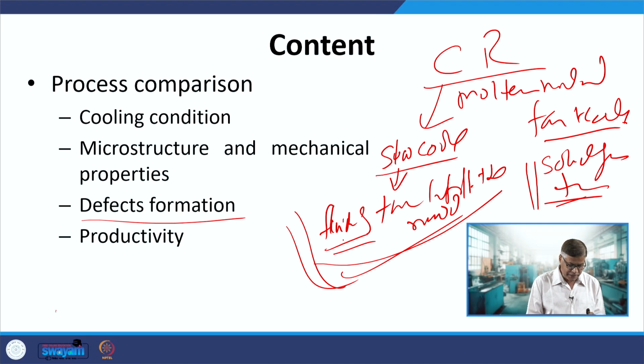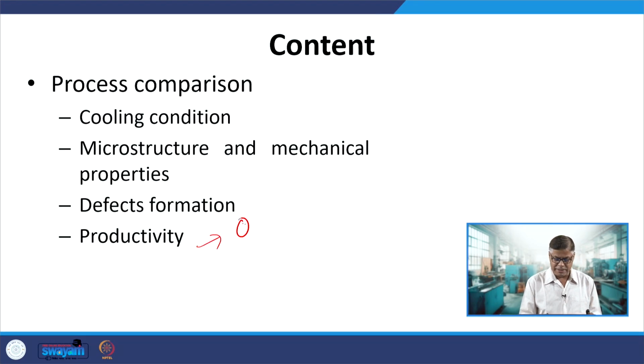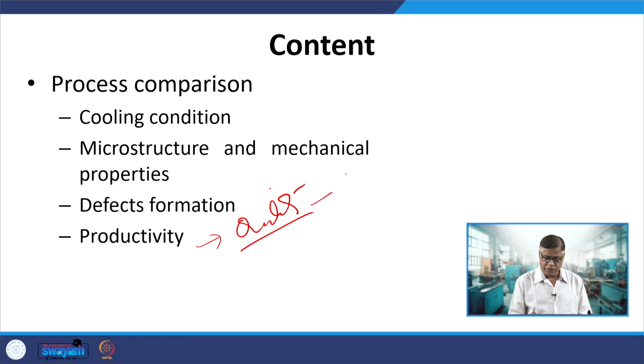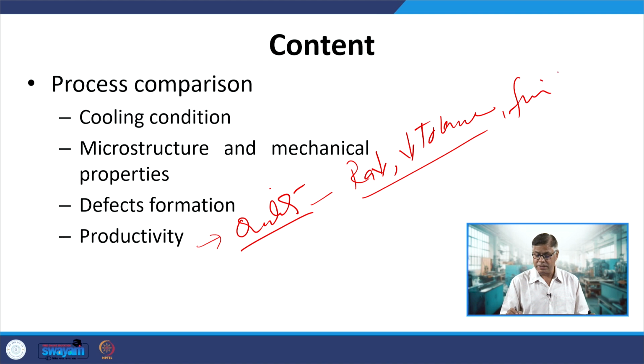As far as productivity is concerned, we can see it in terms of quality or rejections. Usually a very good surface finish is obtained, with very close control of tolerance, a very fine grain structure, and good mechanical properties.